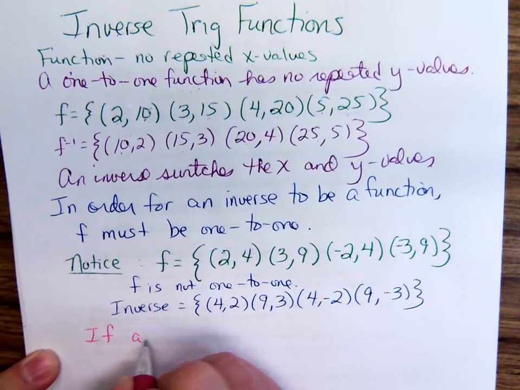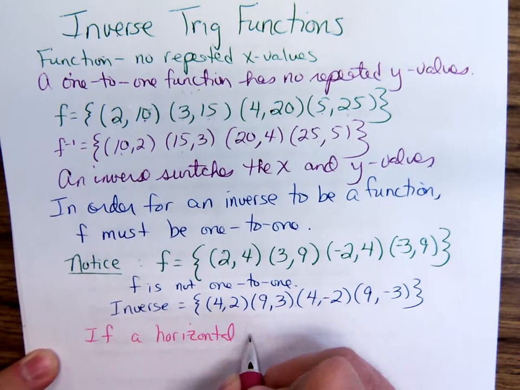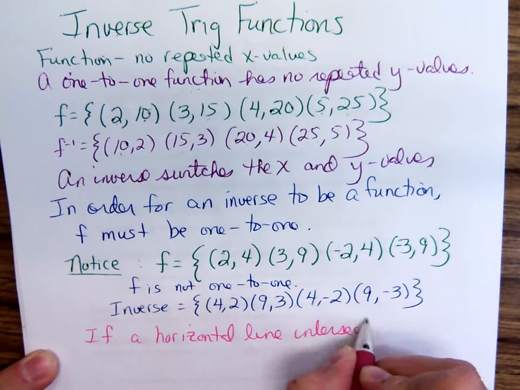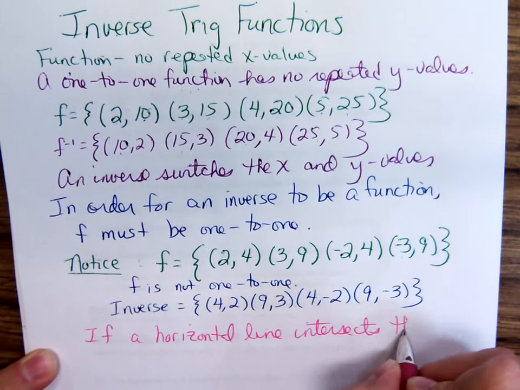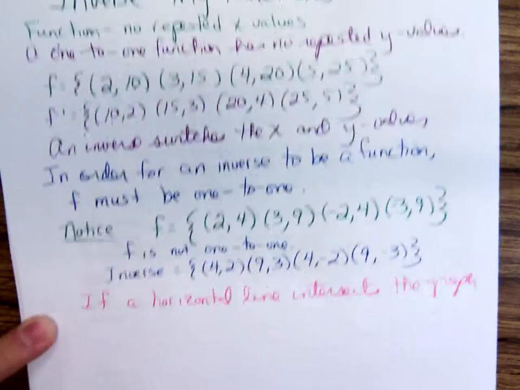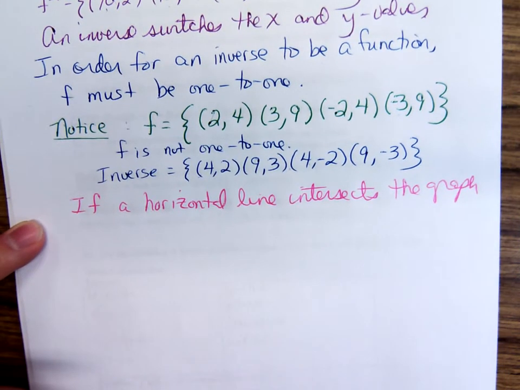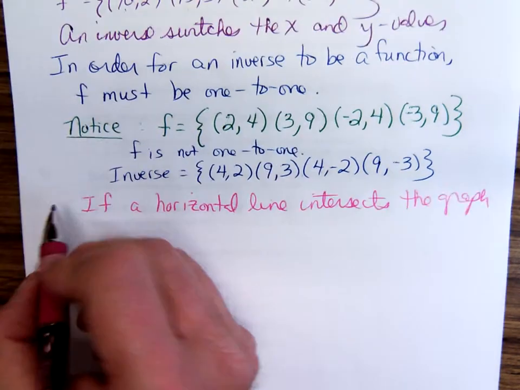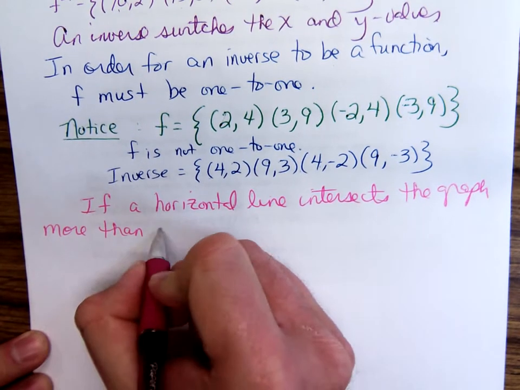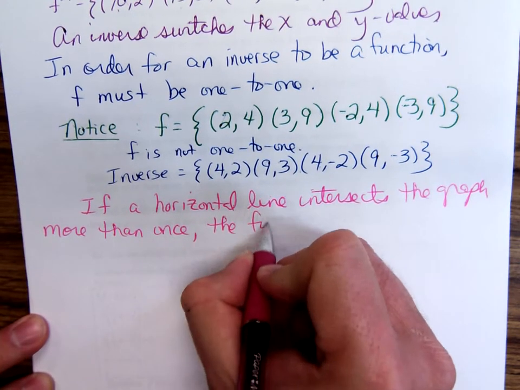If a horizontal line intersects the graph of a function, let me move this up, more than once, the function is not 1 to 1.